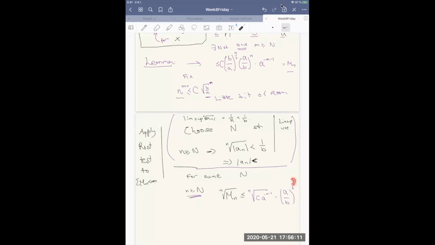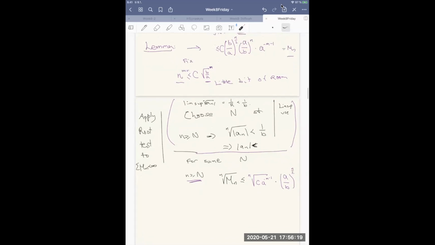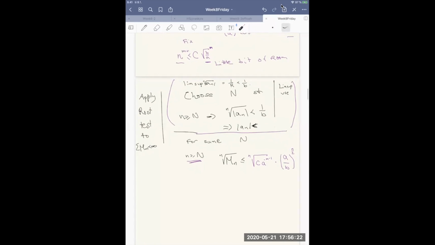The n over 2 here comes from the fact that you have a over b to the n divided by b to the n over 2. So you lose n over 2 there. Okay, so we have this bound.